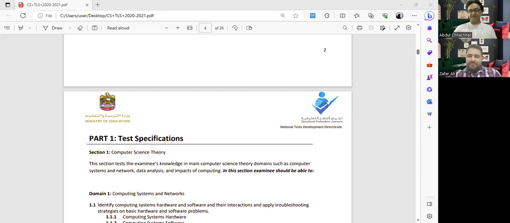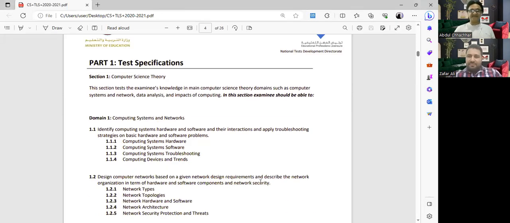Let me share the screen first before giving time to Mr. Zafar. As you can see here, section one consists of several domains, but domain one is about computing systems and networks, and it has other descriptors.